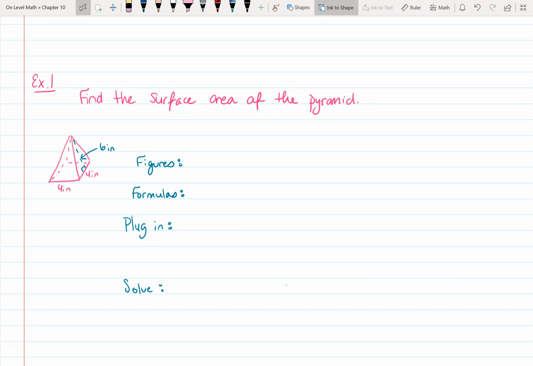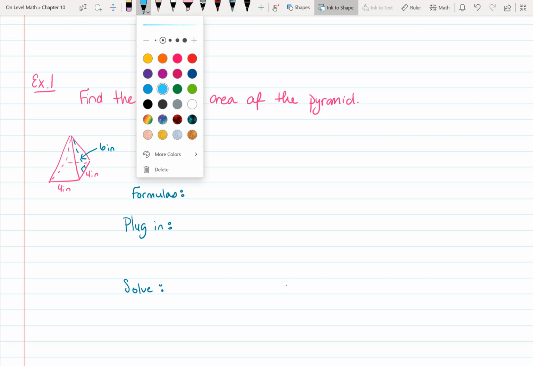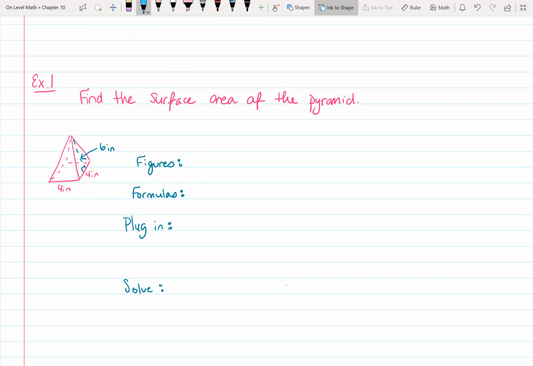So find the surface area of the pyramid. Well, our first step is figures. We know that it's a square pyramid, so we've got the square, the area of the square, which is the base, plus the area of the triangle. And then we need to multiply it by 4.